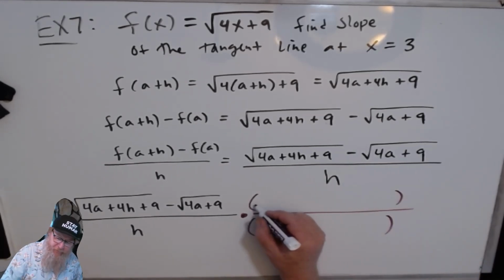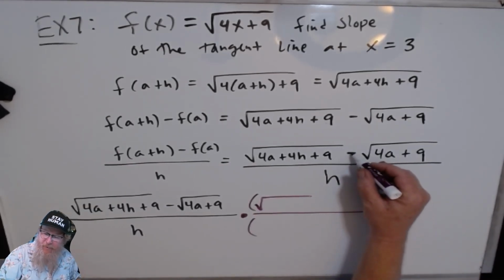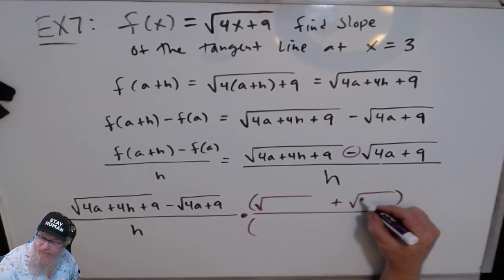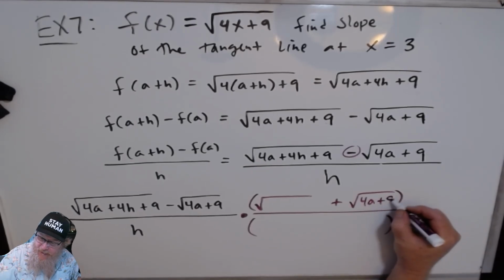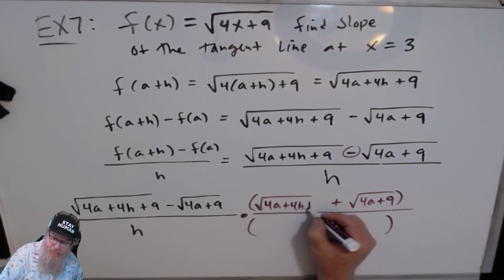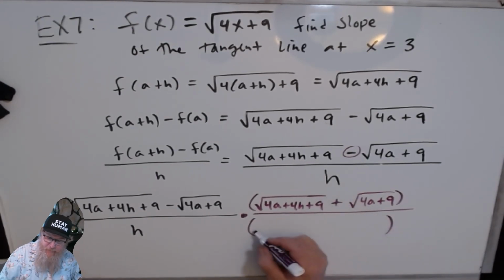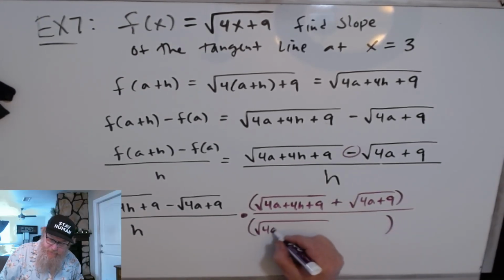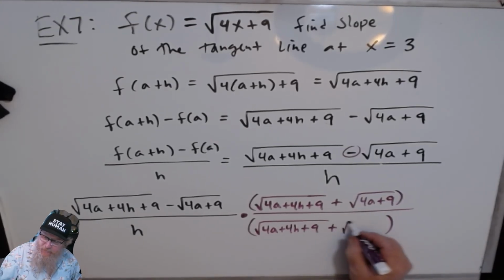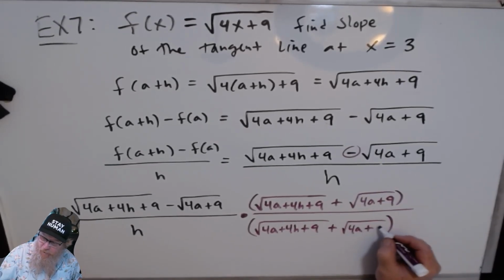This is a special form of 1. Remember, you just take whatever this sign is and you change it. You keep everything else the same. So this is a special form of 1.